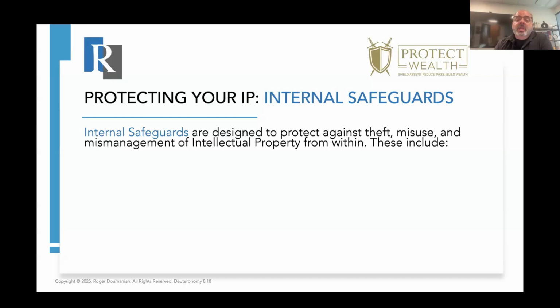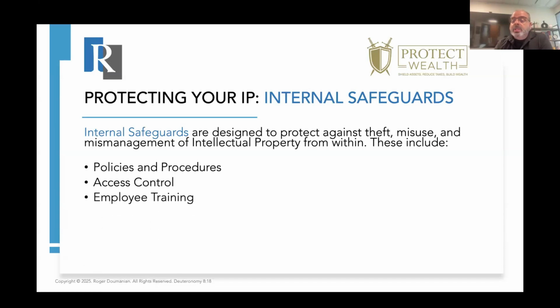Some of these measures that you can put in place include policies and procedures on how to use company IP, access control. If they don't need access to your IP, don't give them access to your IP. Employee training, monitoring and auditing your policies, procedures, controls, systems, making sure that they're all working.